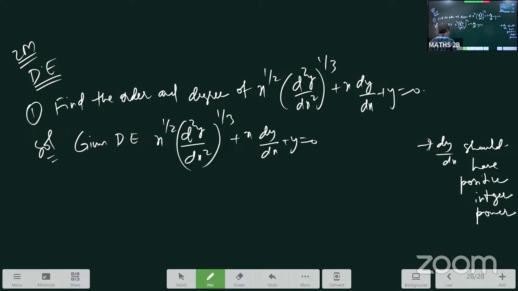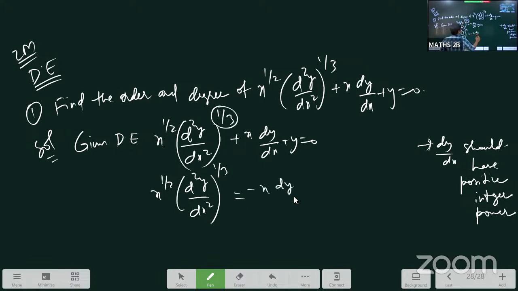Is it clear? So the order and degree of the differential equation is what is being asked. So x power 1 by 2 d square y by dx square, as it is power 1 by 3. See, for d square y by dx square, I'm having a fractional power in the form of 1 by 3. That is minus x dy by dx minus y. Now I will do cubing on both sides directly.